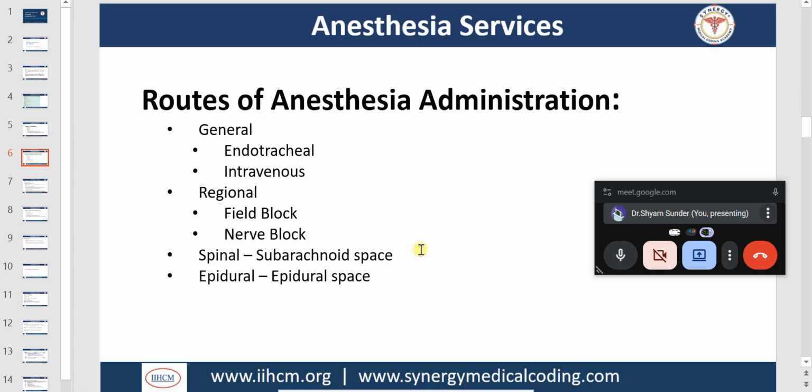But even if it is skin, if you're working for 30 or 40 minutes for a graft procedure, local anesthesia is not suitable, because local anesthesia works only 5 to 10 minutes, and every time you have to keep on giving it. But with regional anesthesia, if you anesthetize one particular nerve, it will be there for a considerable time, 30 minutes, 1 hour.